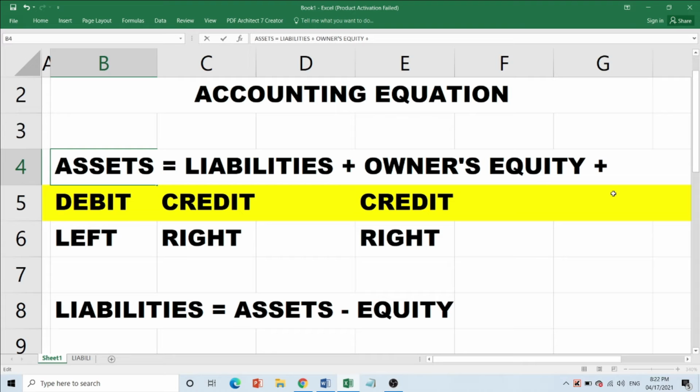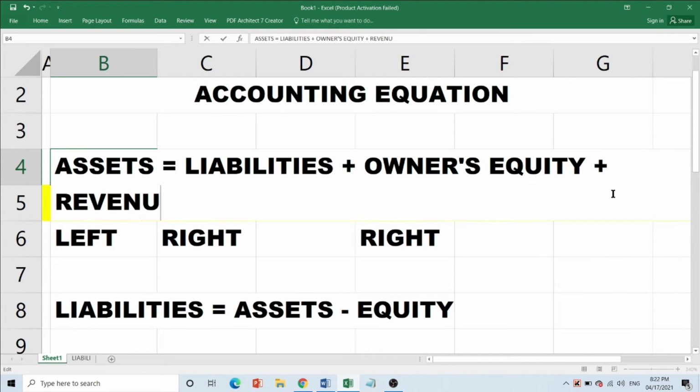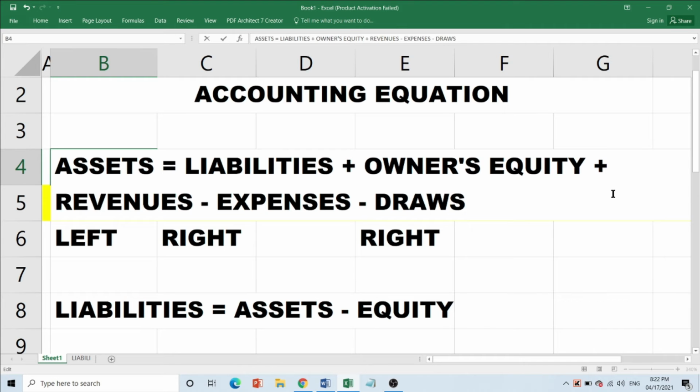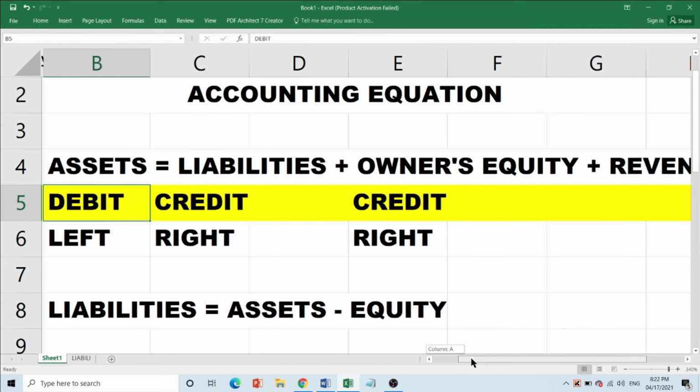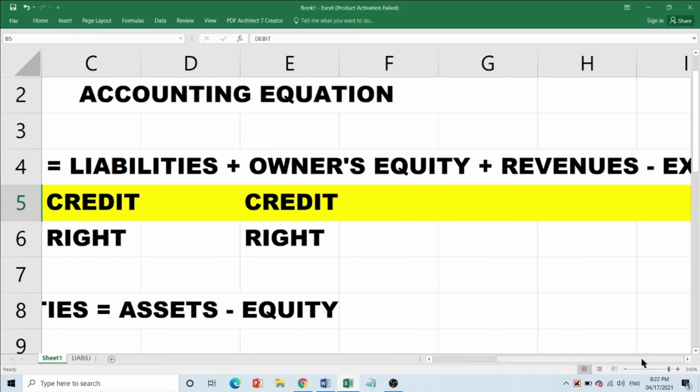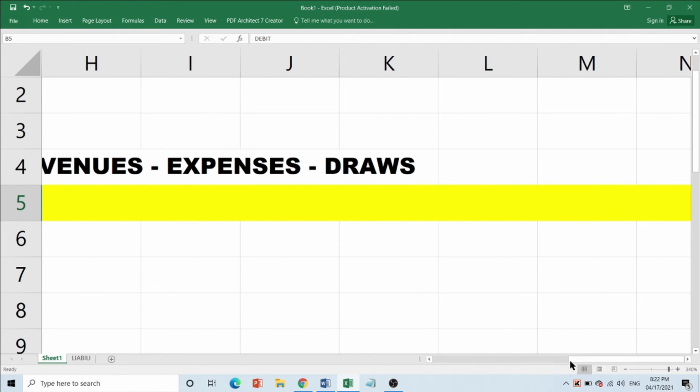Add revenues, less expenses, less drawouts. Assets plus owner's equity plus revenues minus expenses minus draws.